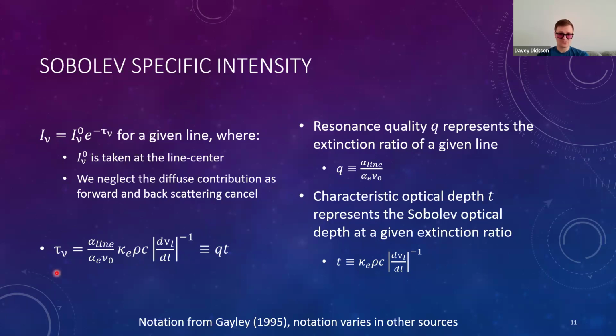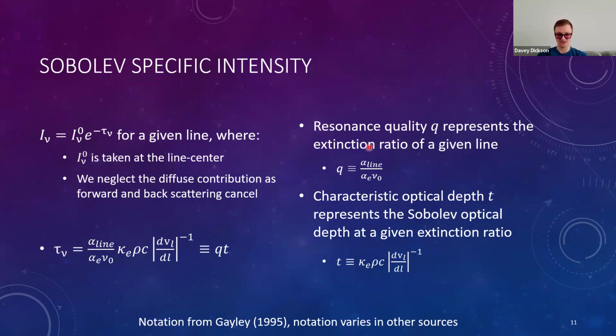This optical depth is usually broken up into two components when discussed in some of the later papers here. So it's worth discussing those two components as the resonance quality Q here, which is a proportion based on the atomic properties in alpha line there. And this T, which is a characteristic optical depth at a given extinction ratio.